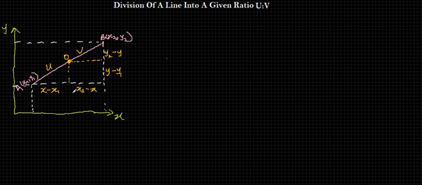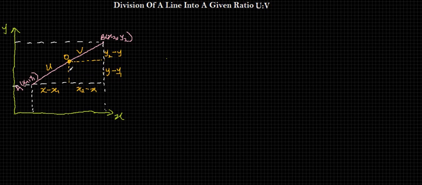So we are going to be proving now this formula, with respect to x and with respect to y. What is going to be the formula when we are to find the division of a line in the given ratio with respect to x and with respect to y respectively.